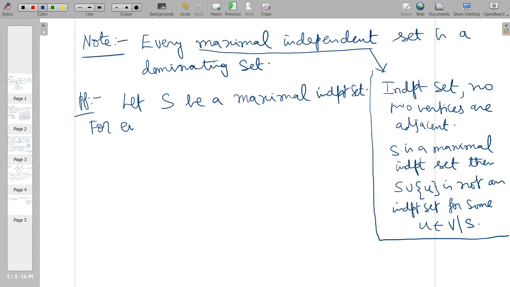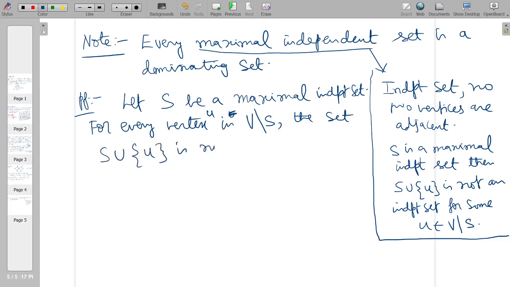For every vertex U in V minus S, the set S union U is not independent.